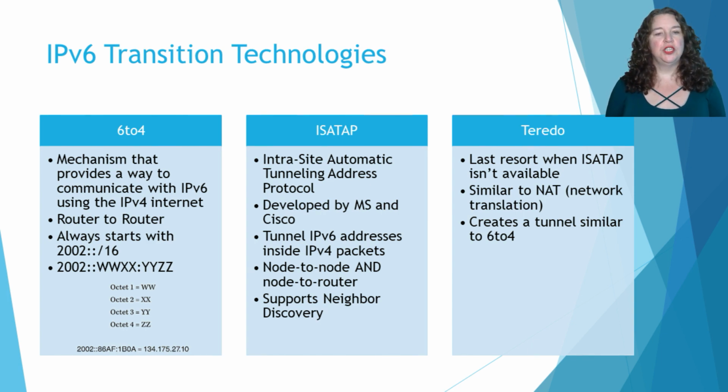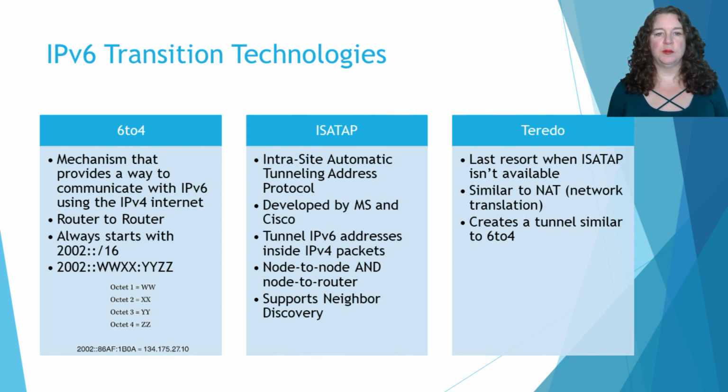So in this situation, we are defining them as WW, XX, YY, and ZZ. What are the 4 octets for your specific IPv4, where WW is the first octet, XX is the second octet, YY, and ZZ. So when we take those 4 numbers from our IPv4 and convert them into an IPv6, we turn those into hexadecimal numbers. So 134 would be shortened down to 86.